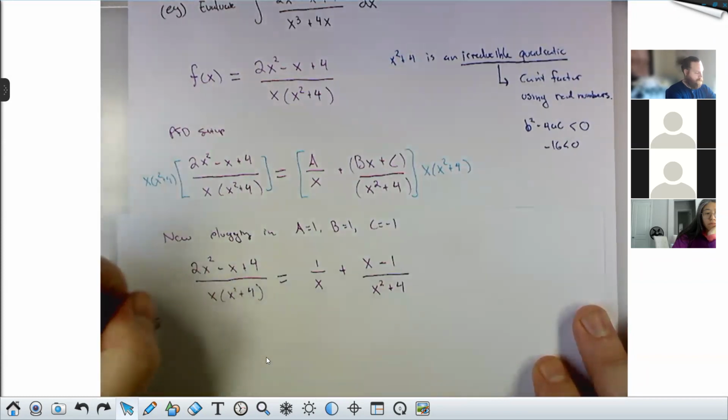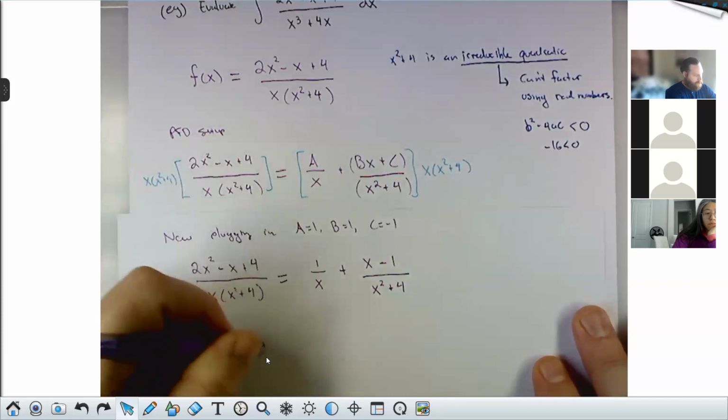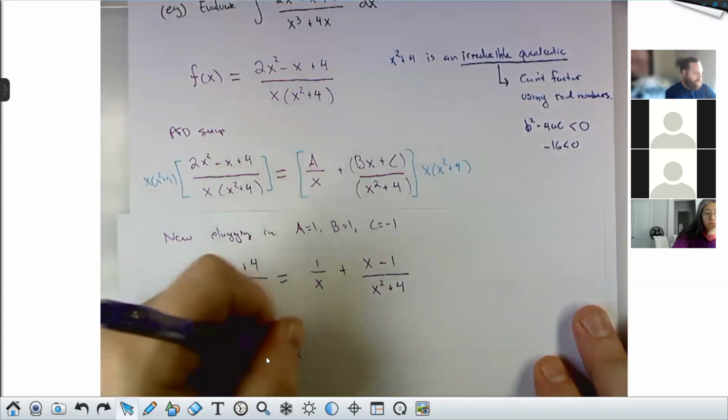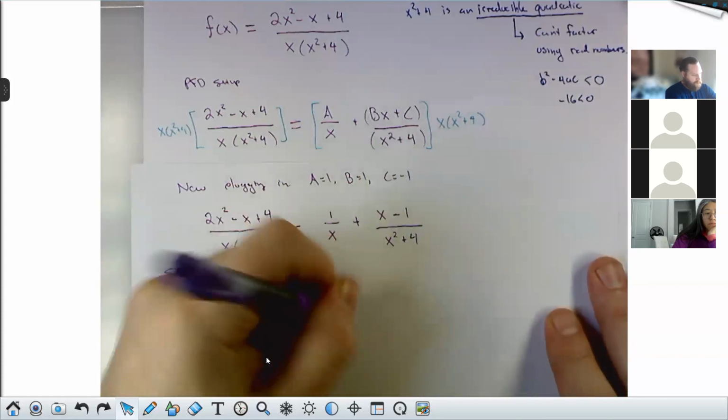So the integral of the function on the left, which is the integral I want, is equal to the integral of the function on the right.